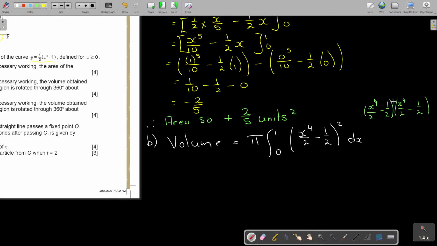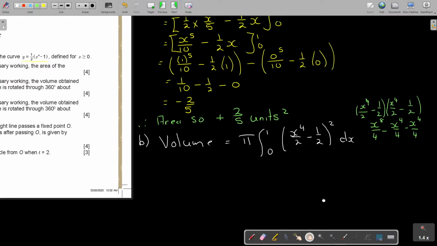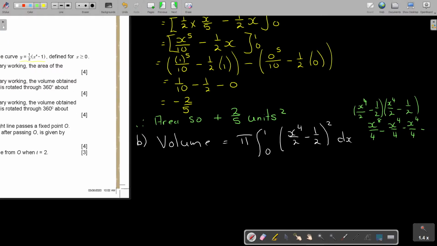So if I multiply, I get x, I add the exponents, 8, and 2 times 2 is 4. If I multiply, I get x to the power 4 over 4, and now the last one is negative 1 over 4. So if I'm going to rewrite, and remember I did not integrate yet, I'm just running along with the formula, getting that square away.